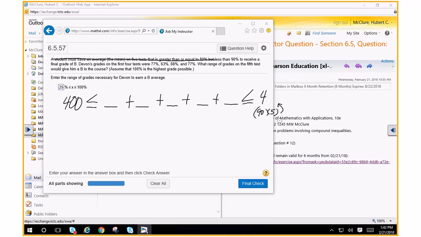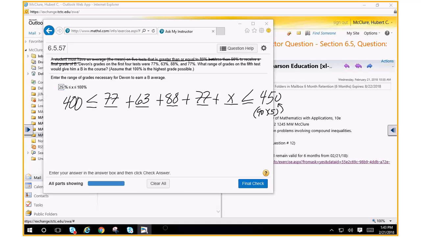I didn't know they were going to throw that in there. Okay, that takes care of this. So a B is between 80 and what? 80 to what? 90. Okay? And you got 77, a 63, an 88, and a 77, and what's this last one? You have no idea. Now do it.